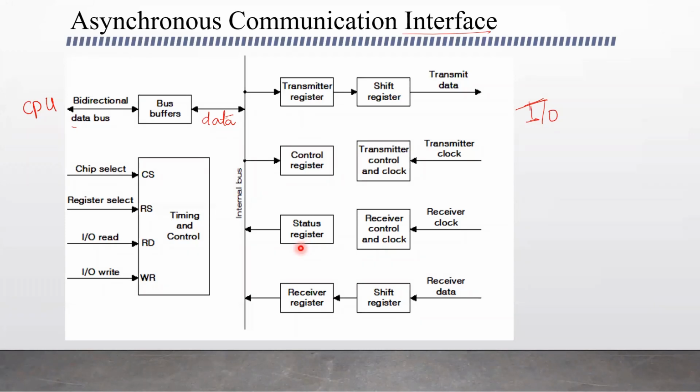If the transmitter register is empty, which initially it will be, that flag will be 0. So if the transmitter register is empty, the CPU sends the data through the data bus to the transmitter register. So the data is transferred to the transmitter register.